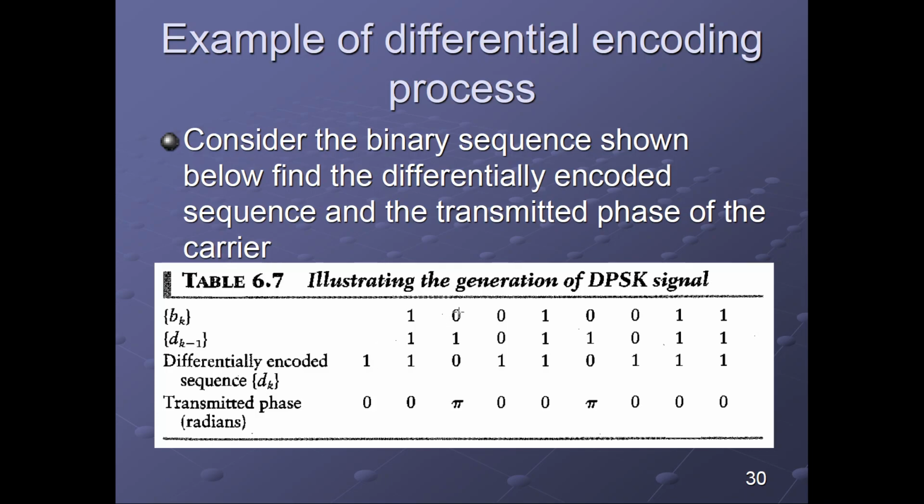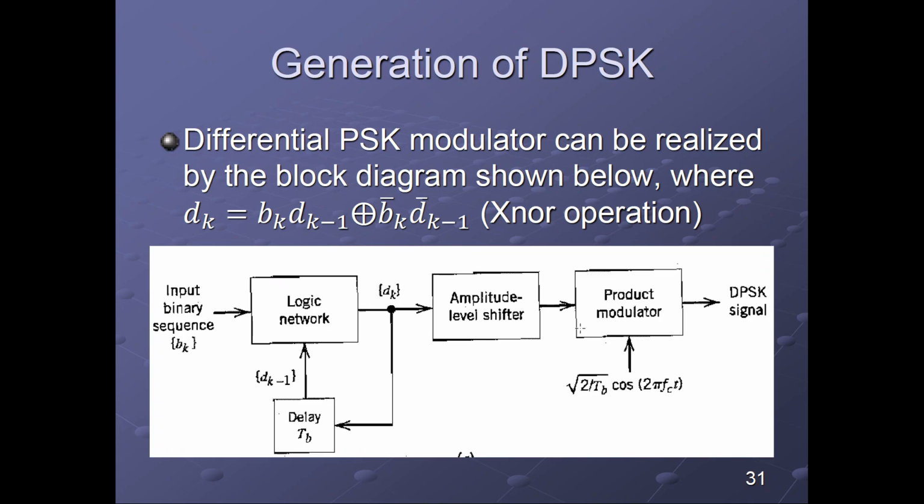If 0 comes, I change this value: if the previous is 1, this becomes 0; if it is 0, this becomes 1. Now, what's the phase of the transmitted signal? If it is 1, I map it to 0. If it is 0, I map it to pi, according to your mapping rule. Clear? This is how you build your differentially encoded sequence and differentially encoded signal.